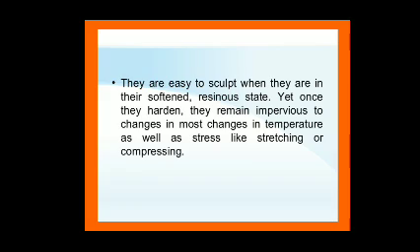They are easy to shape when they are in their softened, resinous state, yet once they are hard, they remain impervious to most changes in temperature as well as stress like stretching or compressing.